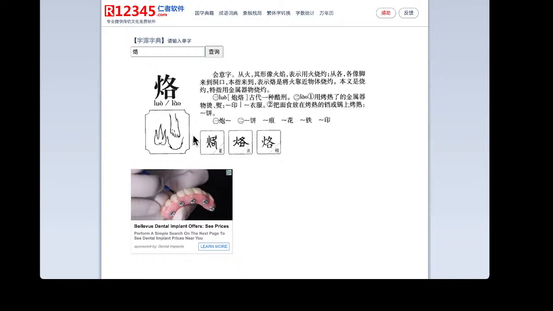So the original meaning is arrive. They use this ge to mean that the fire is getting close to the food or to the object. It's not necessarily to cook food; sometimes you brand a mark. That means the fire, the hot surface or hot tool, is getting close to the object. So that's what this means. Okay, so it's lao.